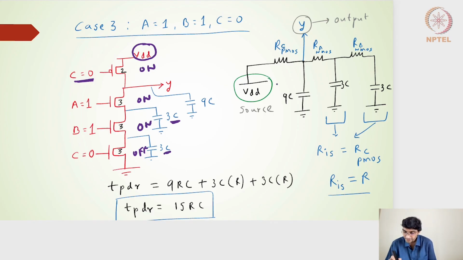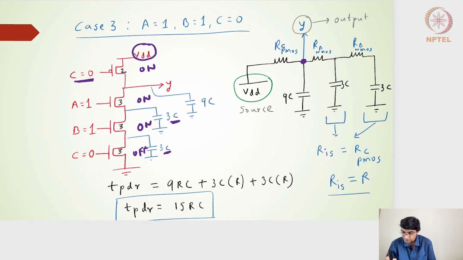So I have written the Elmore delay for the charging. The source is VDD, but the Y node is my output node of interest. I will have R of PMOS as the switching resistance, and RA and RB connecting to the 3C and 3C capacitances on the NMOS transistors. RB is the NMOS transistor which connects to the 3C capacitance here.